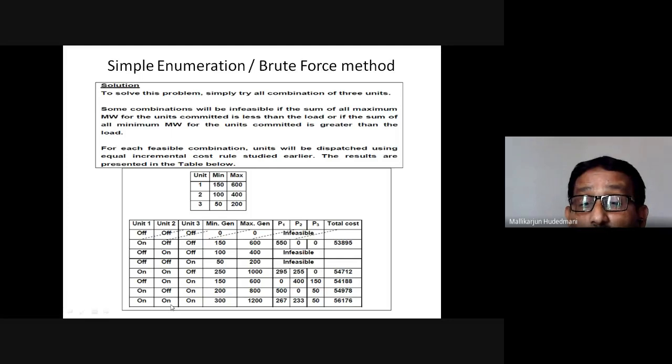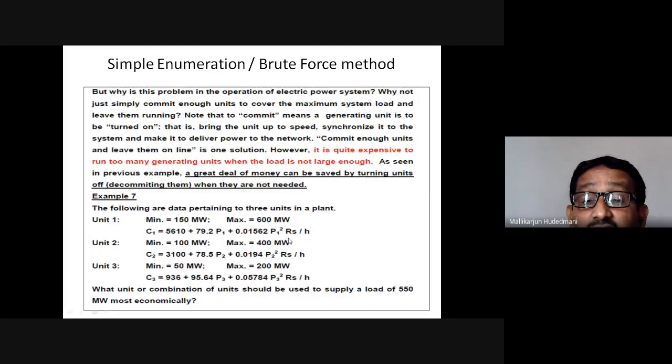So for P1, P2, P3, 267, 233, 50 are the combination megawatts. And for 267, 233, 50, what is the production cost? Again I go back, use this individual equation, substitute P1, P2, P3 respectively and get the value of the total cost of production from machine 1, machine 2, machine 3.